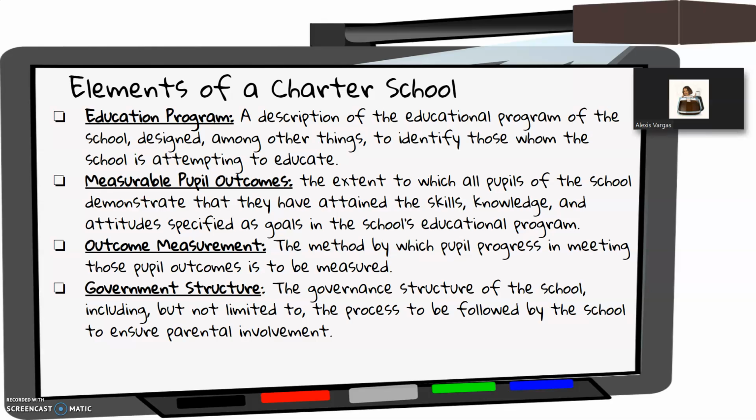Measurable pupil outcomes is the extent to which all pupils of the school demonstrate that they have attained the skills, knowledge, and attitudes specified as goals in the school's educational program. Outcome measurement is a method by which pupil progress in meeting those pupil outcomes is to be measured. Now, with the government structure of the school, including but not limited to the process to be followed by the school to ensure parental involvement.